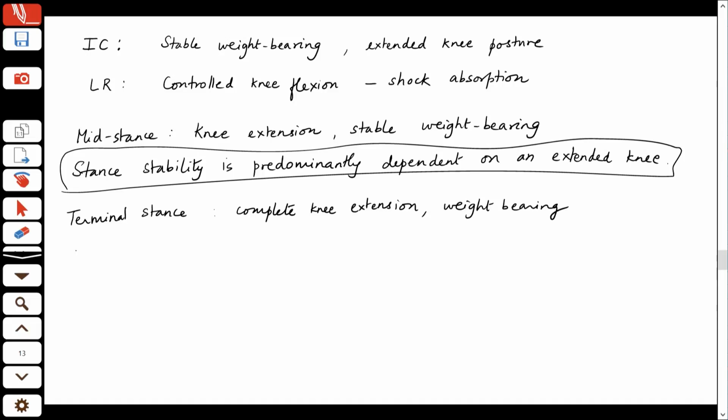So, in the pre-swing phase, when the other leg is taking over the weight bearing function, you want to flex the knee. So, you have passive knee flexion to prepare for swing.